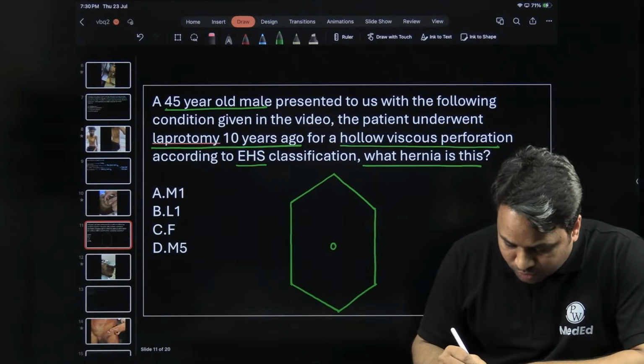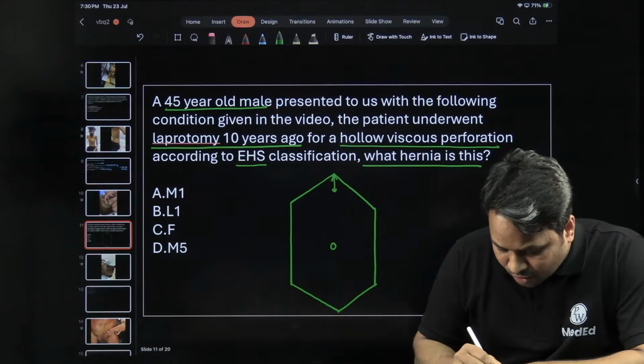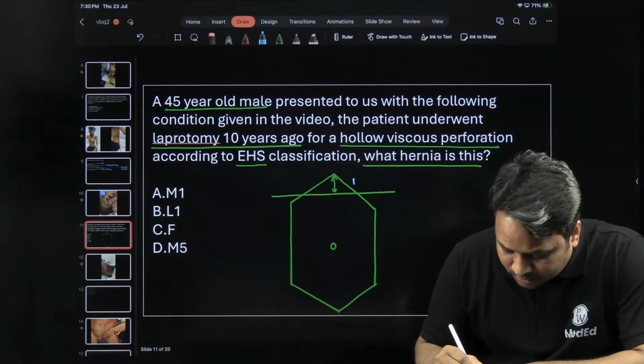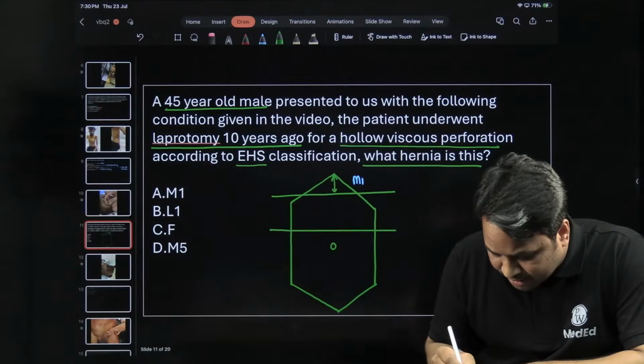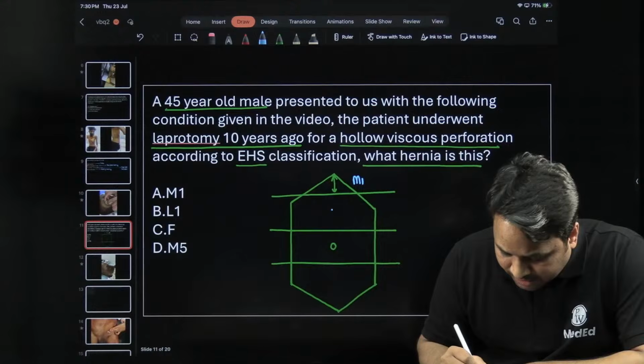The hernia present within 3 centimeters of the xiphoid is called subxiphoid. This is your M1 hernia. Within 3 centimeters of the umbilicus, it will be called the umbilical hernia. So, this is your M2 hernia.